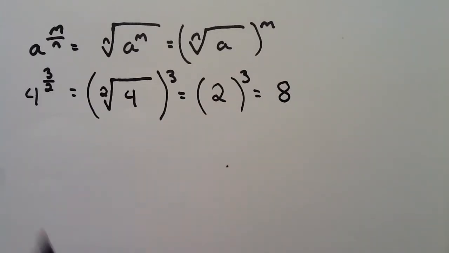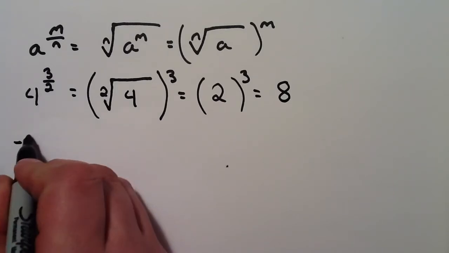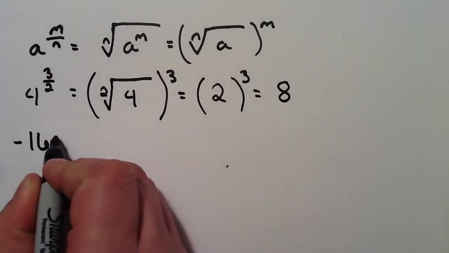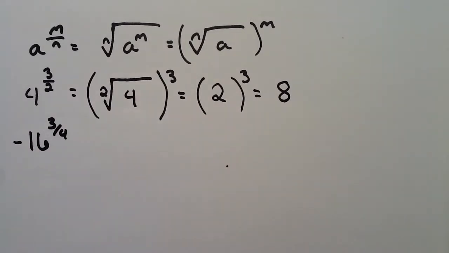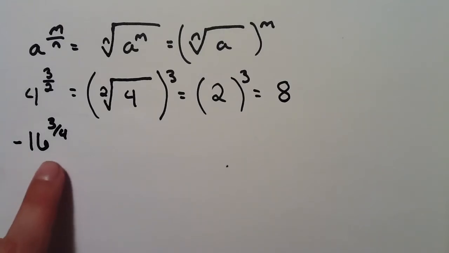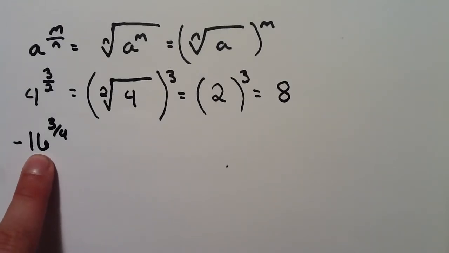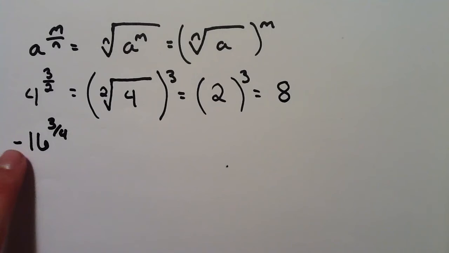Going over another example, let's do negative 16 to the 3/4 power. Now one important thing to remember here is that the 16 is taken to the 3/4 power, not the negative sign.